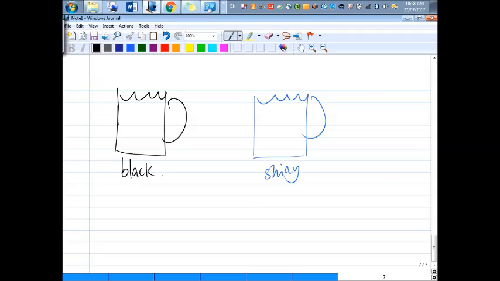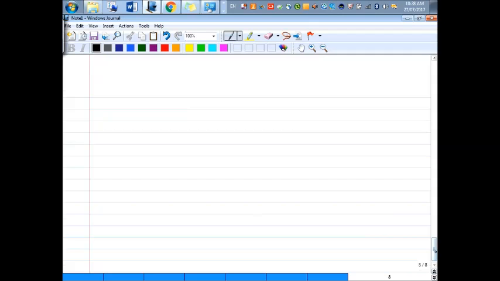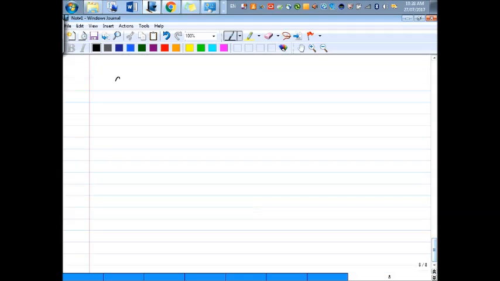I want my Milo to stay hot. So which cup should I put my Milo in? I put it in a shiny one, right? If I want it to stay hot. So what should I be talking about if I want to explain? Should I be talking about absorption or emission? I should be talking about emission of infrared radiation only. I don't need to talk about the absorption. Understand? Yeah? So other things that will affect will be your surface temperature.